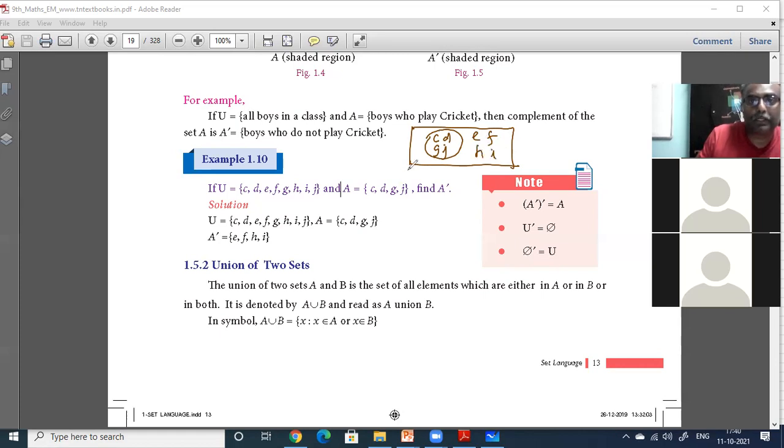H, I. Now this is A and this is A complement. This is the universal set, which is C, D, E, F, G, H, I, J. So E, F, H, I, all this will become A complement. So that is how you should do it for the Venn diagram based approach. Now you have finished complement.